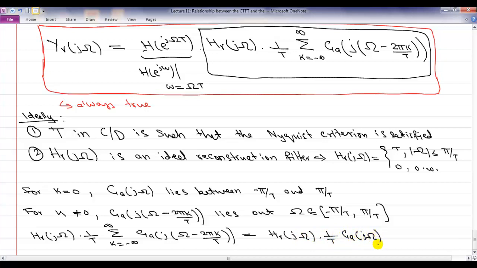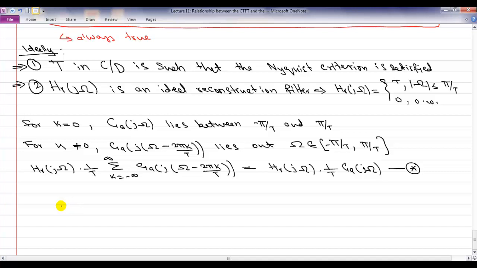It's the same argument that we made during the reconstruction. So under these assumptions 1 and 2, I'm going to plug this star expression into the red boxed thing.